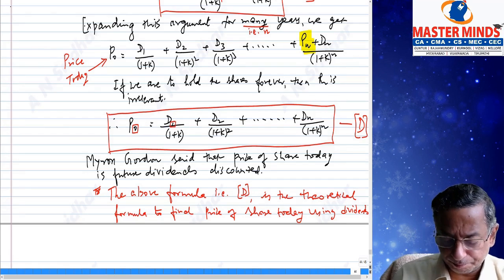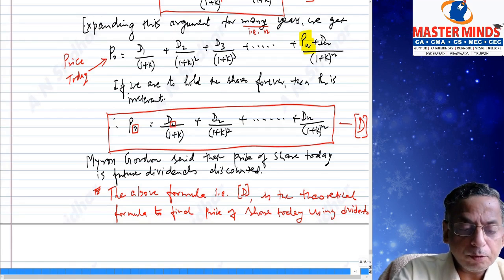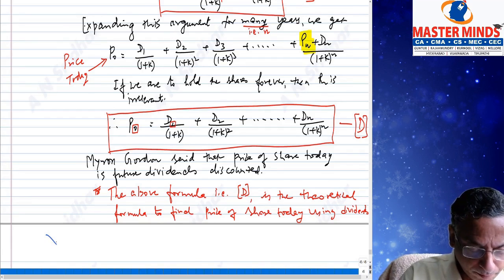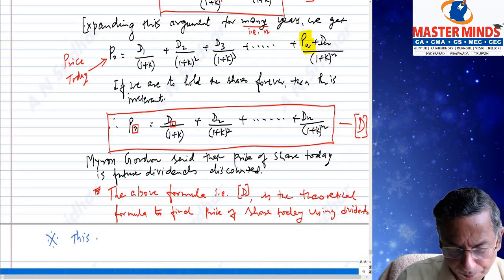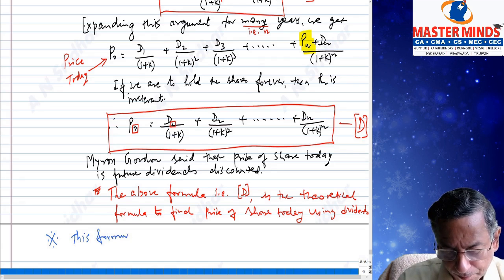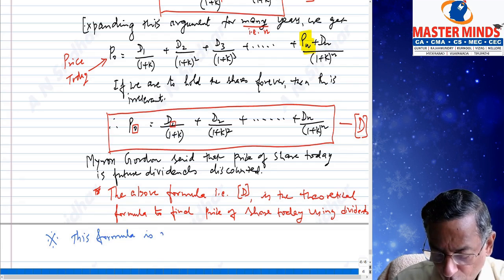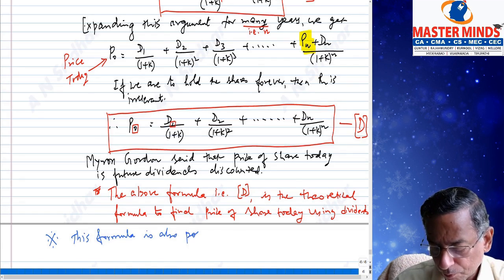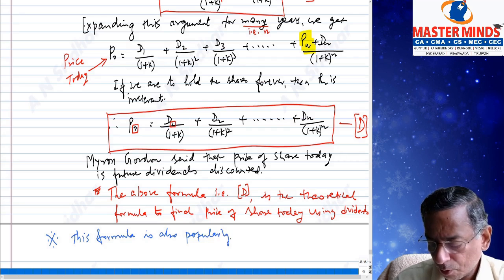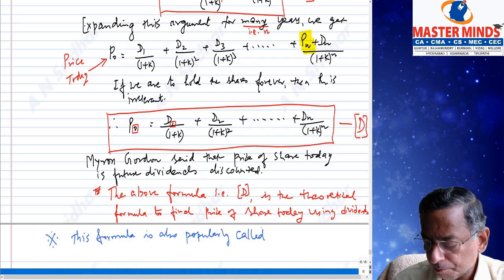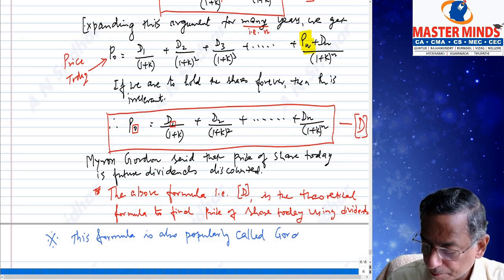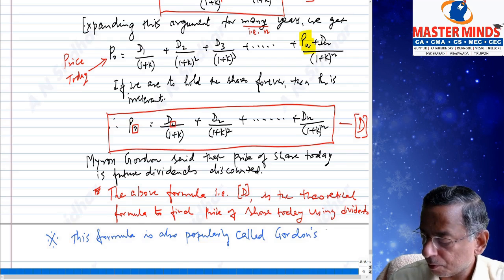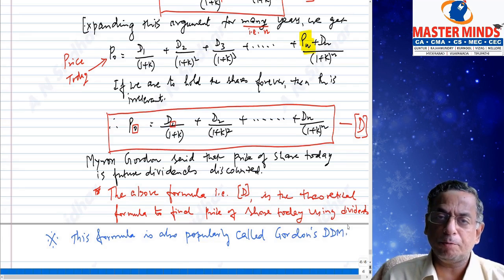So we write that this formula is also popularly called Gordon's DDM. DDM stands for dividend discount model.